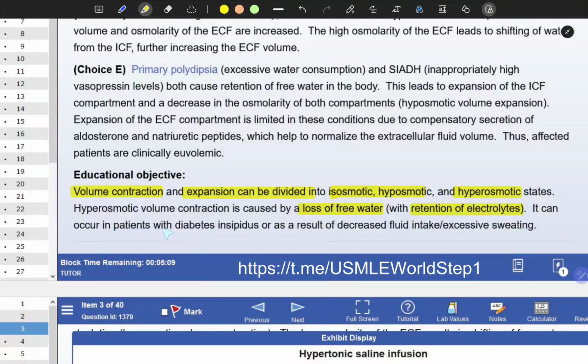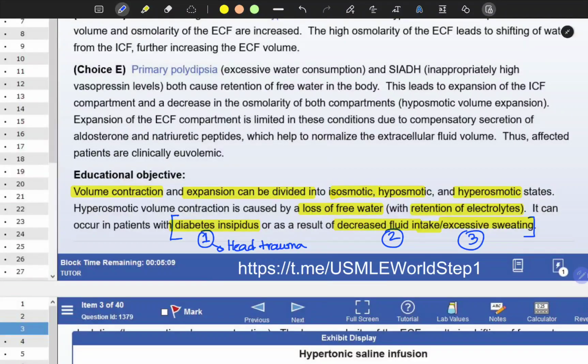It can occur in patients with diabetes insipidus, as a result of decreased fluid intake, or with excessive sweating. So in these three conditions, first, diabetes insipidus, which can happen from head trauma; second, decreased fluid intake; and third, excessive sweating, the water is excreted excessively, and as a result the osmolarity increases.